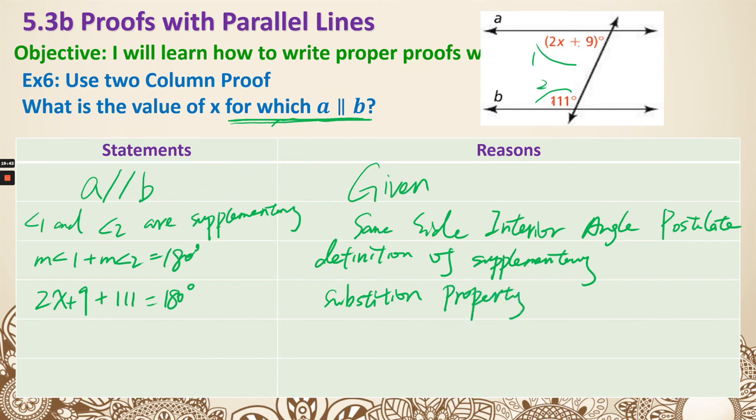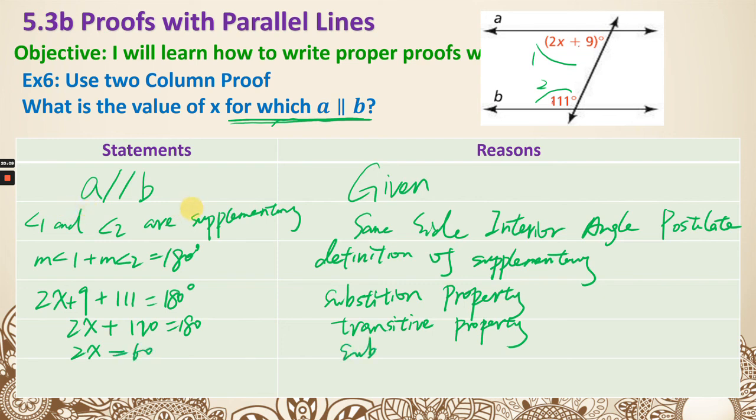Next, we are going to combine like terms. So 2x plus 120 is 180. That is going to be transitive property. You can either call that transitive or you can actually call that substitution, either way. And next, I'm going to subtract, so 2x equals 60.